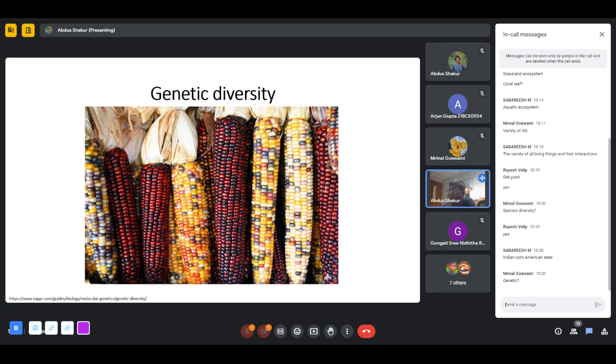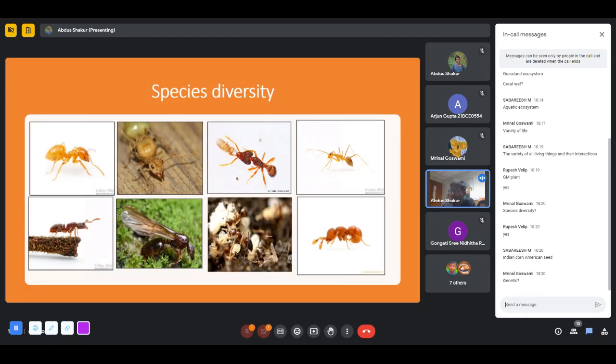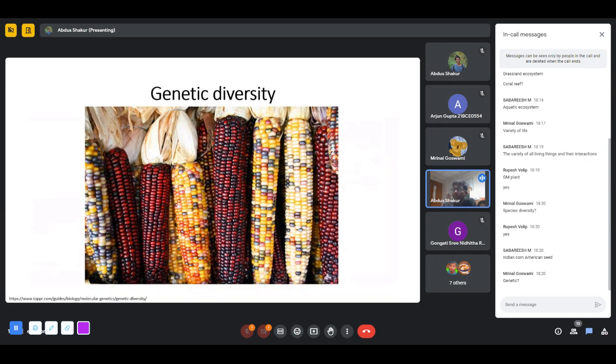So there are multiple levels of diversity, but I was just going through what is species diversity. Basically, you are looking at individual species together, and genetic diversity is within a species: how diverse is the genetic makeup of the species? For example, here we took the example of corn, different varieties together.